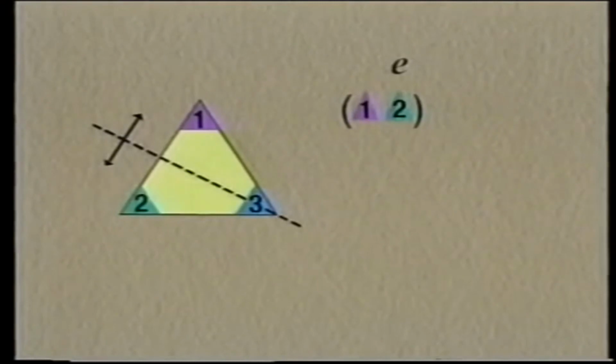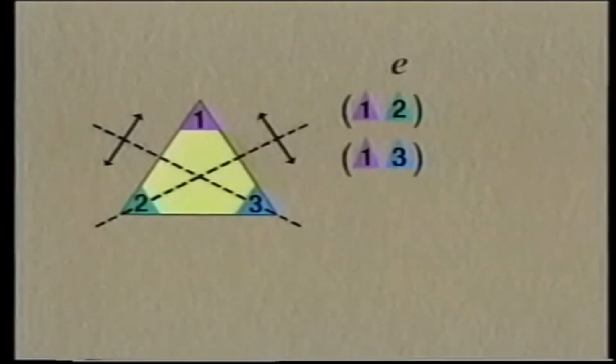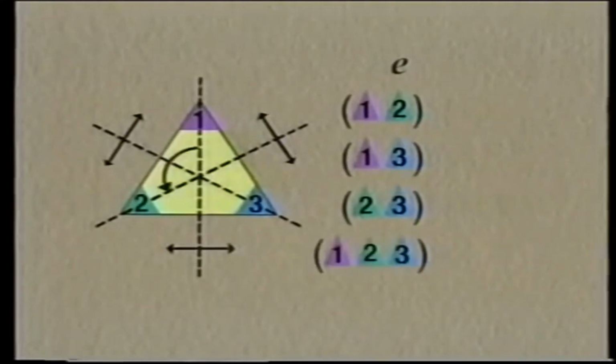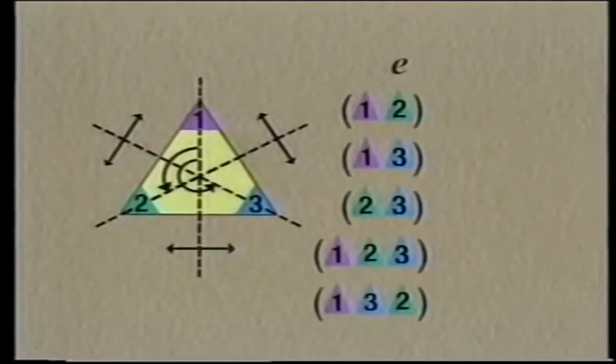Remember what they are. The identity, 3 reflections, and 2 rotations. In fact, these 6 cycle forms also represent 6 of our 12 3-dimensional symmetries.